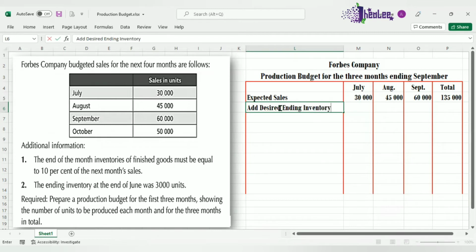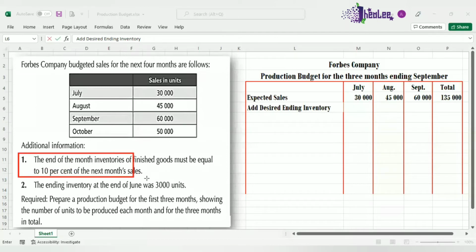Now, what is the amount that they want to have on hand at the end of each month or period? Now, from the question, note 1 gave us that instruction, and it indicated that we are to allocate 10% of the next month's sales as ending inventory.